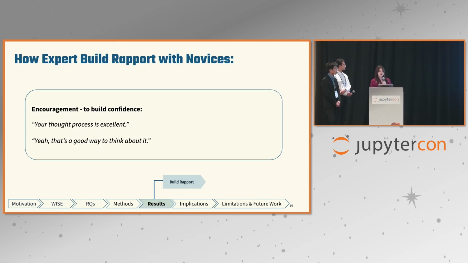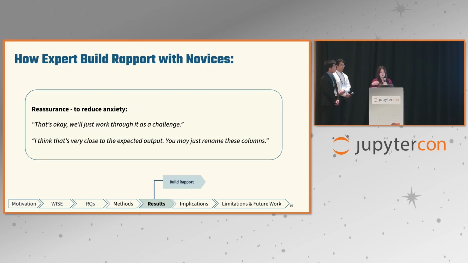Next, we would like to go through how experts actually build this rapport with the novice. They tend to use a lot of encouragement, especially towards the beginning of this observational study, to help the novices build confidence. For example, they keep saying, "Oh, your thought process is excellent, you're doing great," and just a lot of confirmation to help them build a sense of motivation and confidence.